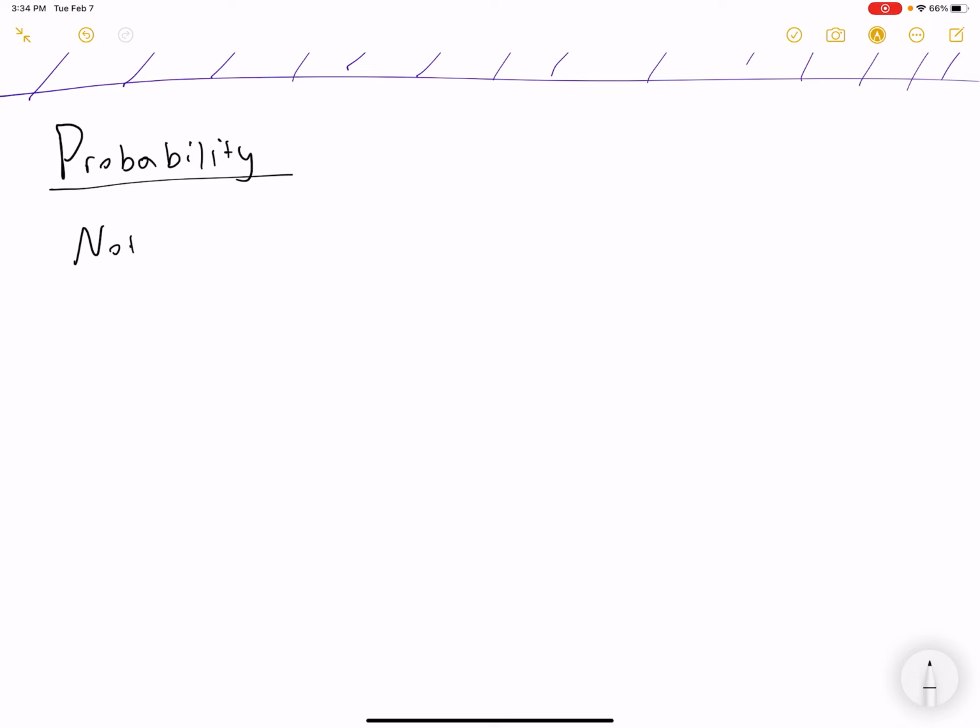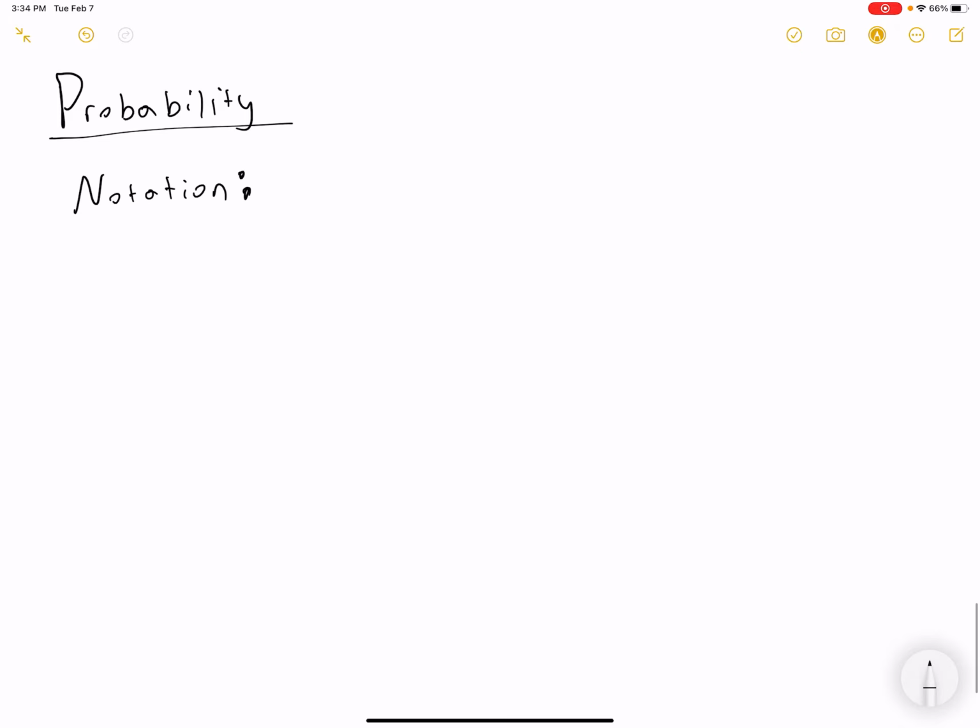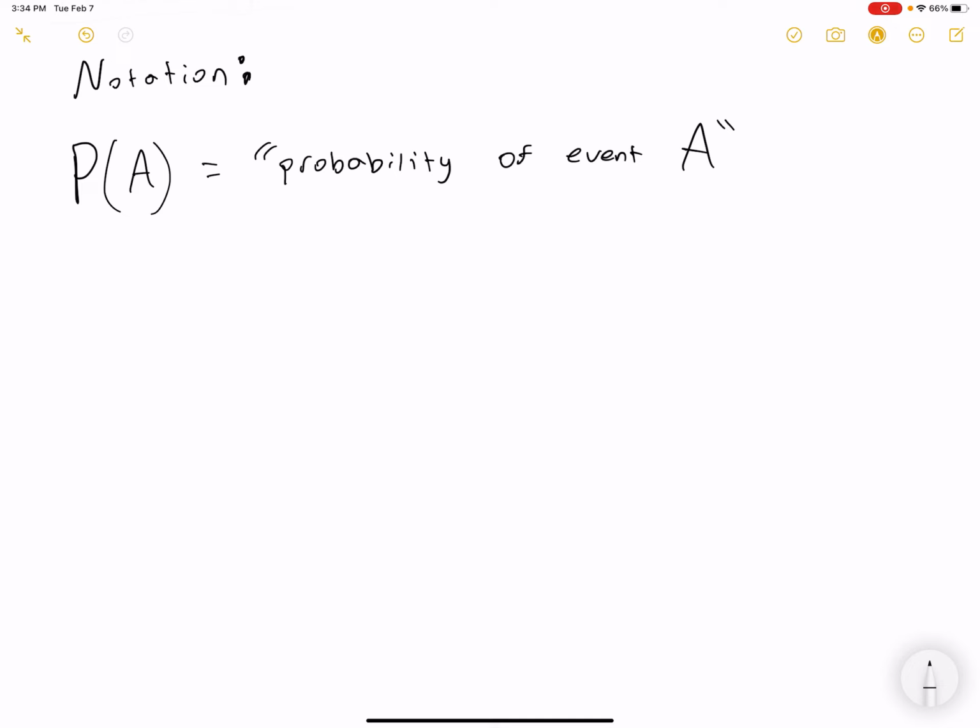So just some notation. It's common convention to write probabilities as so. This notation means the probability of event A, where event A might be, let's say you want to know the probability that you're going to hit a home run if you swing your bat.